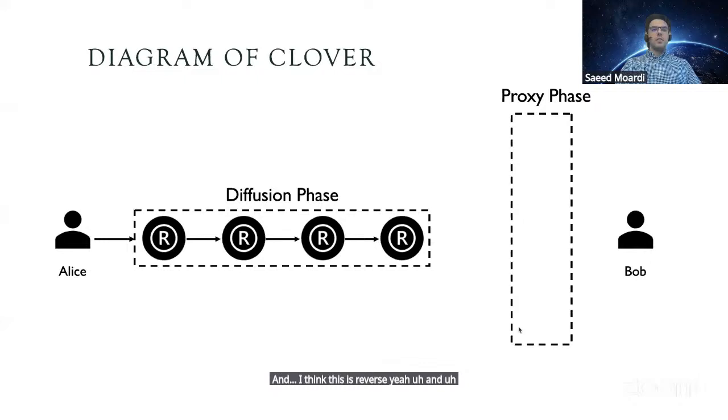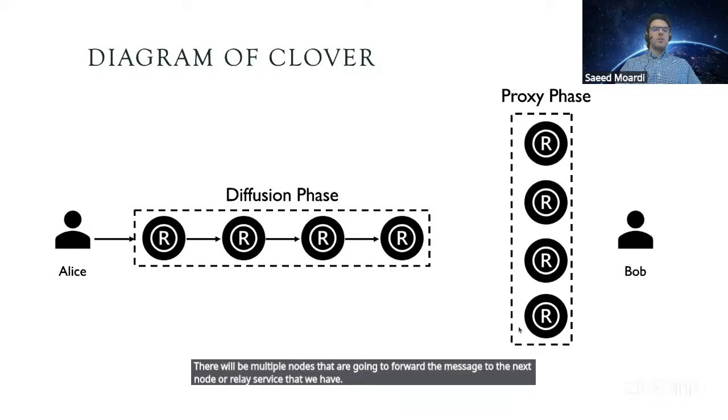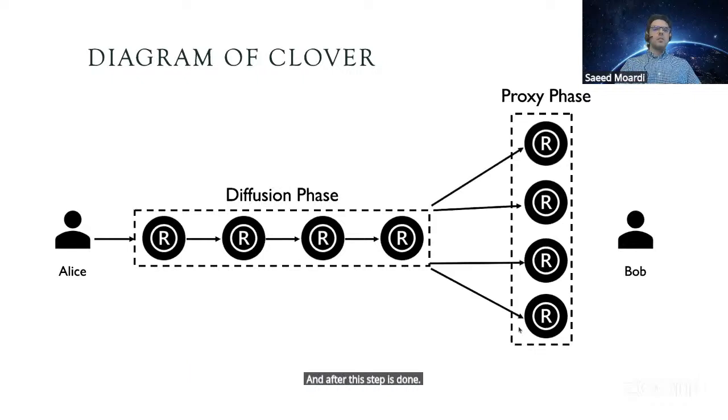Then in the diffusion phase, there will be multiple nodes that are going to forward the message to the next node or relay service that we have. After this step is done, the transactions are all sent to the proxy phase, and all the nodes are going to receive the transaction data. And then finally, the transaction will be delivered to Bob.